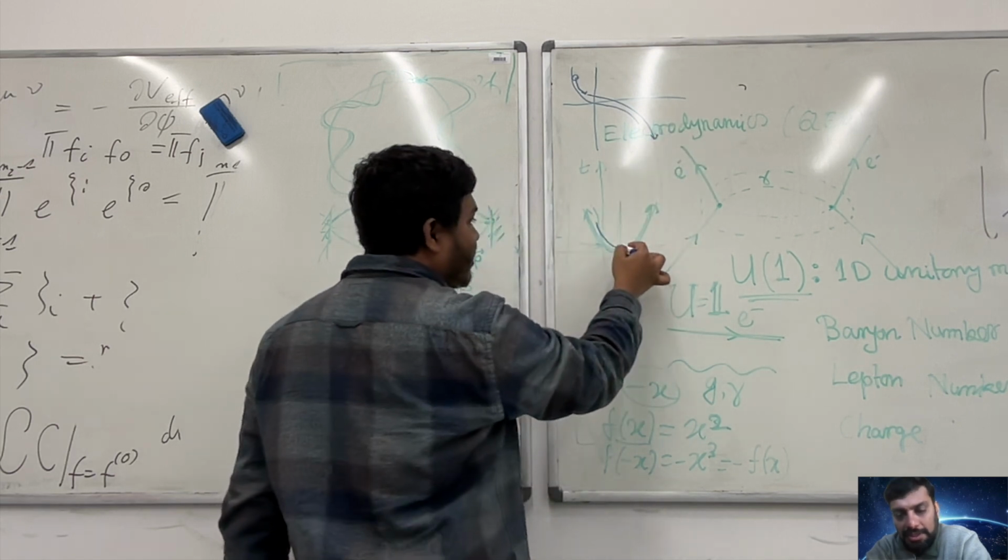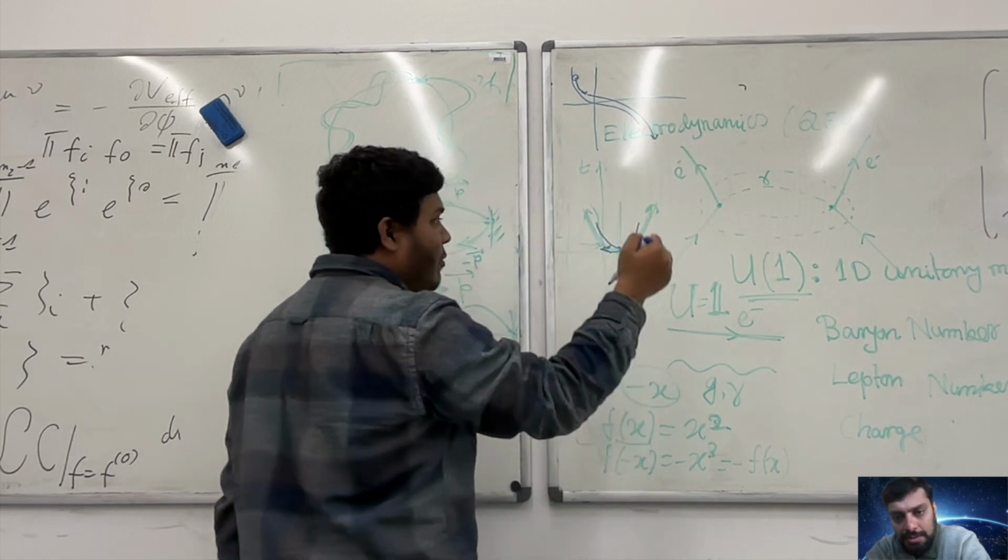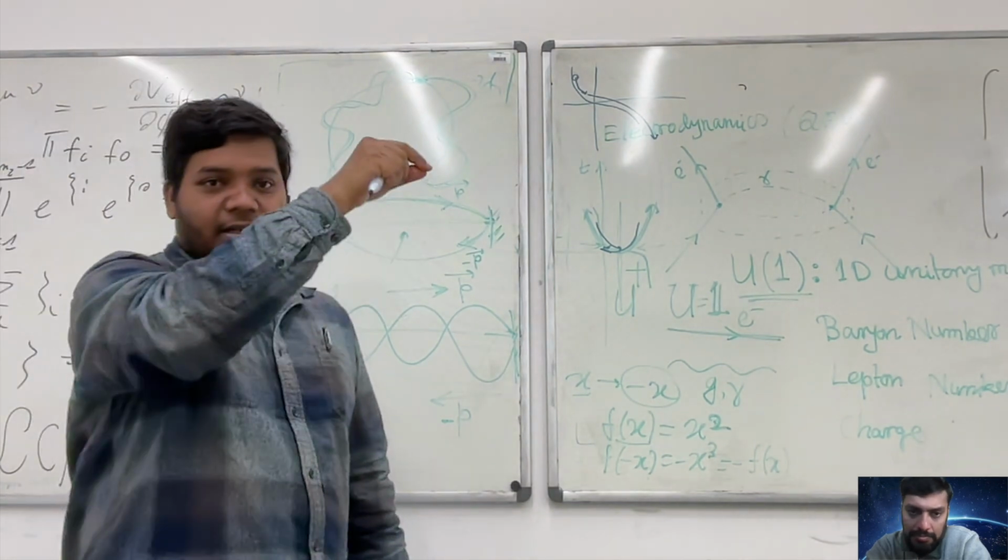Here the ball comes and again comes back. The momentum will be constant if the particle oscillates about this one.